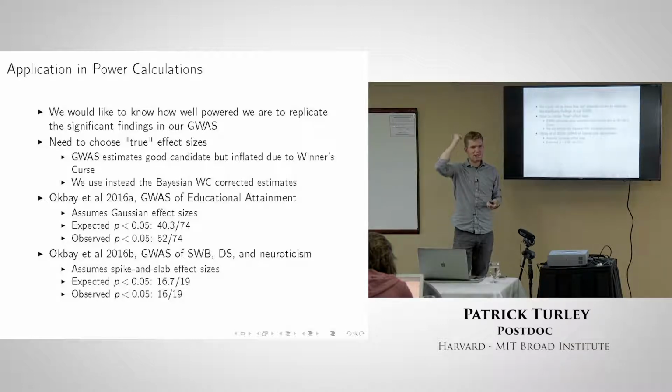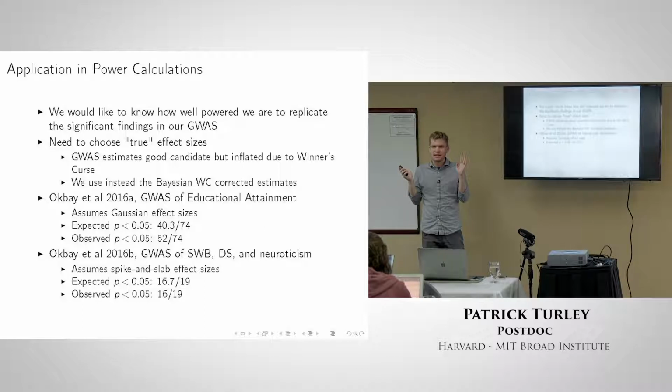We drew random draws from the posterior distribution for each SNP. We added noise corresponding to how much noise we'd expect for a replication sample of a certain size, and then we looked to see how many SNPs were significant in this simulation. We did this over and over and over again. So that was the idea behind how we calculated power.